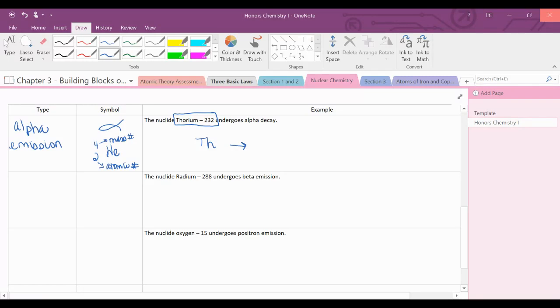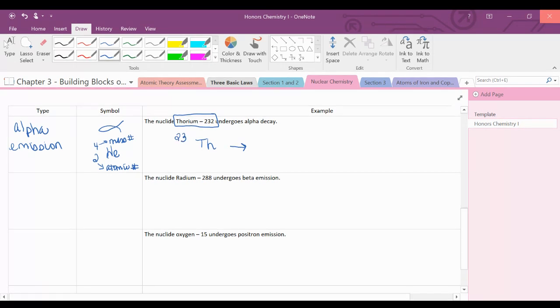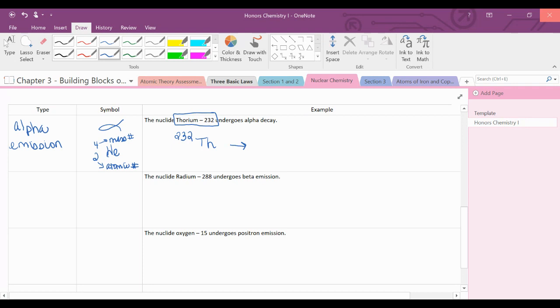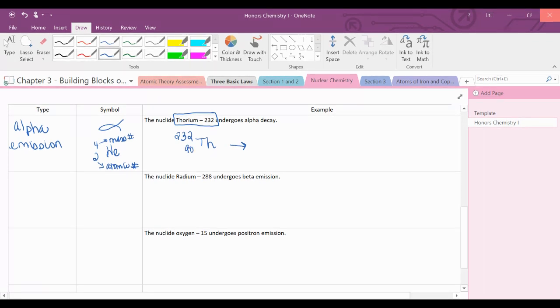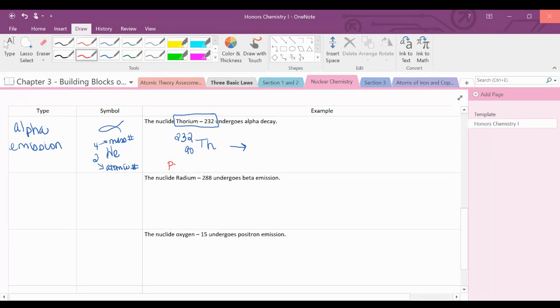Now, this notation they've given us, we should know is hyphen notation, so that 232 is going to be the mass number. Once you find Th on the periodic table, we would then know its atomic number is 90. All right, now the nuclide that you're starting with is referred to as a parent nuclide.